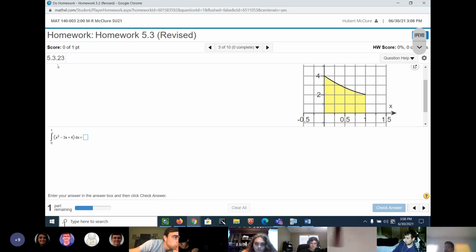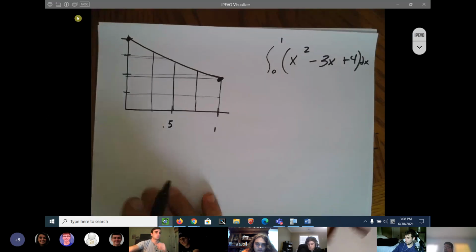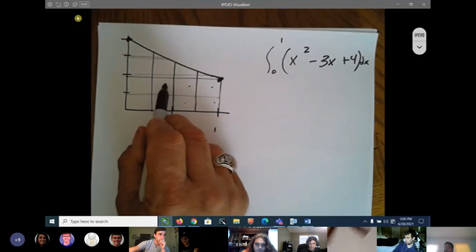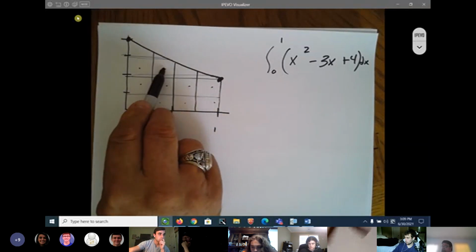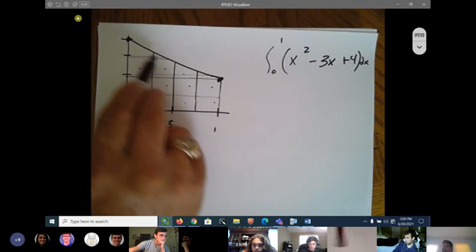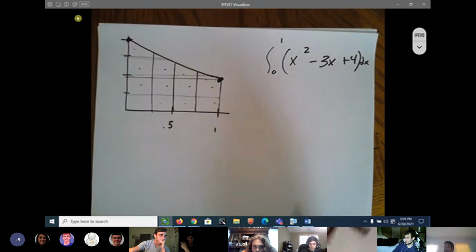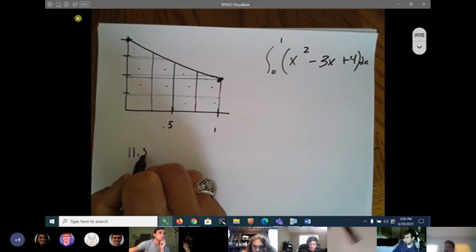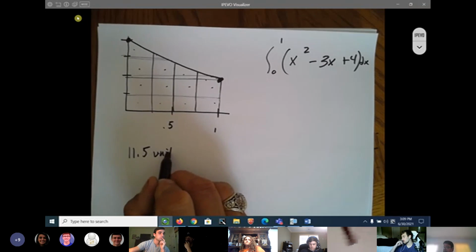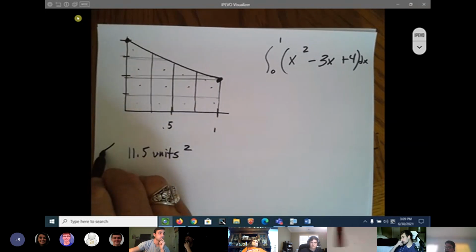Let me write down what we got also: the integral from 0 to 1 of x squared minus 3x plus 4 dx. All right, so we take a look and count 1, 2, 3, 4, 5, 6, 7, 8, 9, 10, 11 and a half. I'd say 11 and a half square units, and that's by my eyeball.